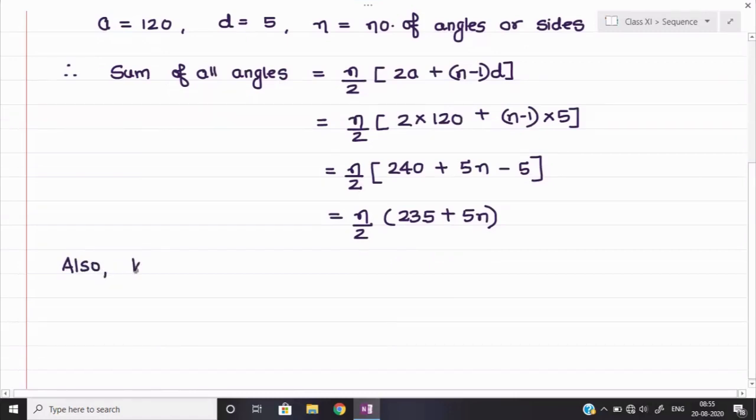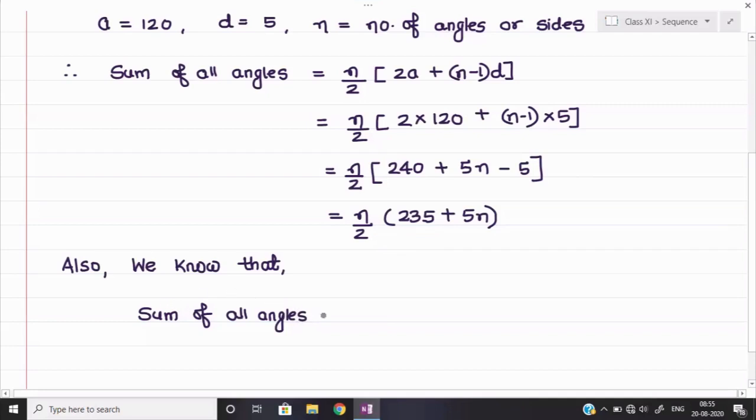So here we shall also write down, we know that the sum of all angles or sides, because I am not saying sides each and every time over here. As I told you earlier, angles and sides will remain the same here. We are talking about only the numbers over there.